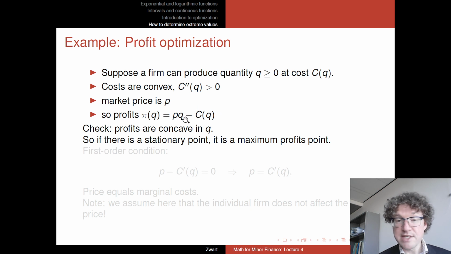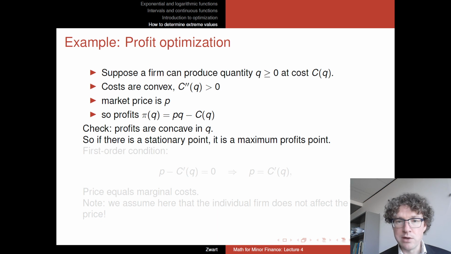The second derivative of the second term gives me minus the second derivative of C, so minus C double prime. Well, I was given that C double prime is positive because costs were convex. So minus C double prime is negative. So the second derivative of pi is indeed a negative quantity everywhere. In other words, profits are always concave on this domain.